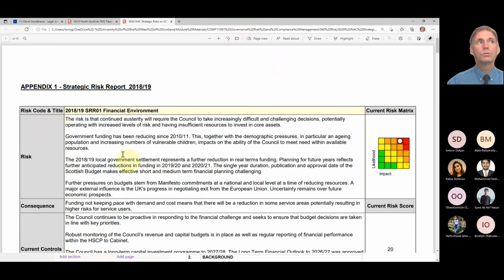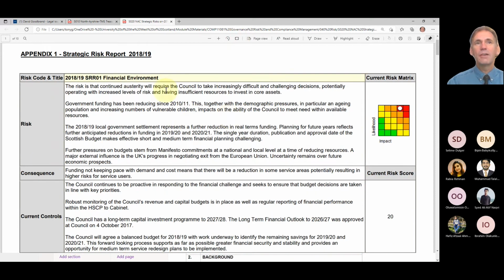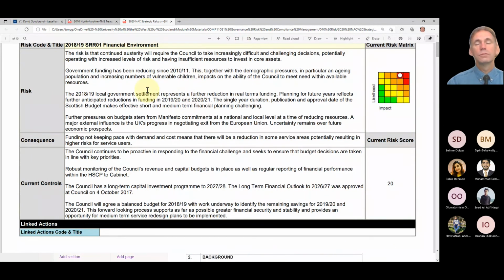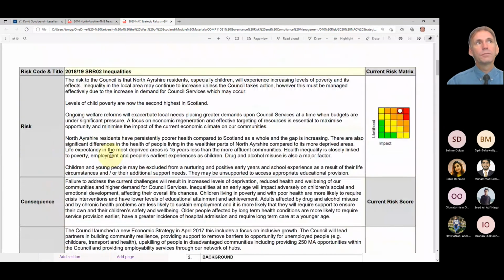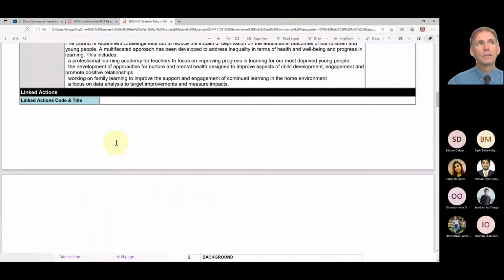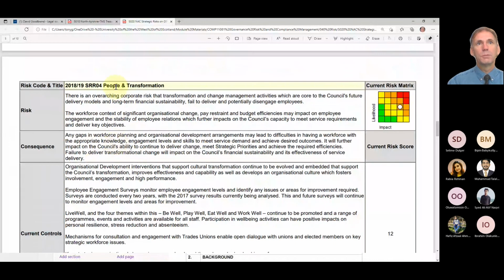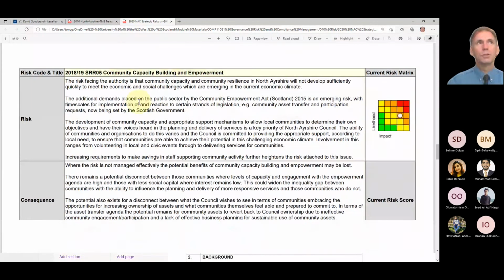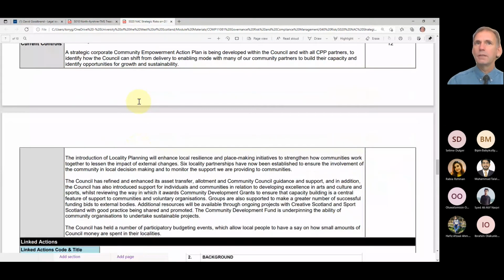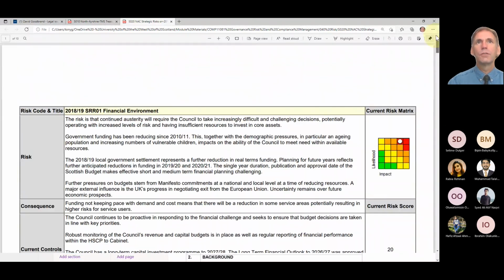The first one is also finance, and they have the same sorts of headings: what the risk is, what could happen, and what we're doing about it. But they've put it under the different headings of what they do. So it's finance, inequalities, people in transformation, community capacity building. They've put them into different categories to understand where the issues are in the different categories.